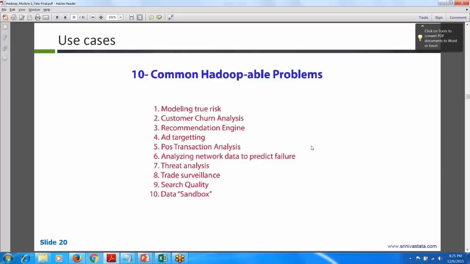That is a common Hadoopable problem. This insider trading problem can be detected better if we have Hadoop and more data access, so we can internally predict whether the shares are going to rise or not. Normally the NYSE, the New York Stock Exchange, will do that. We do not have access to all the data.